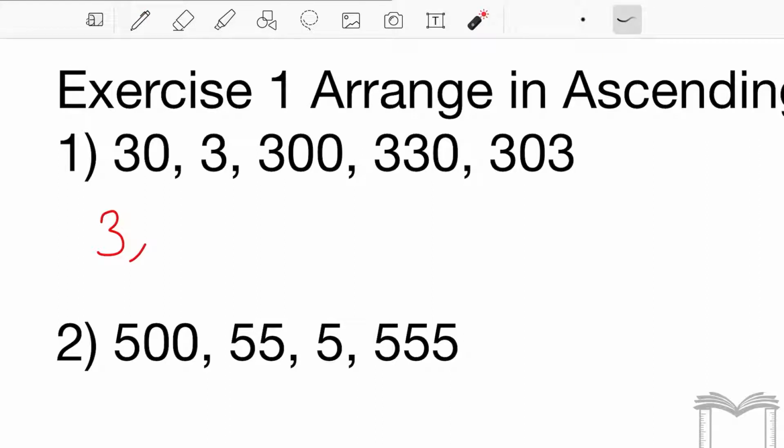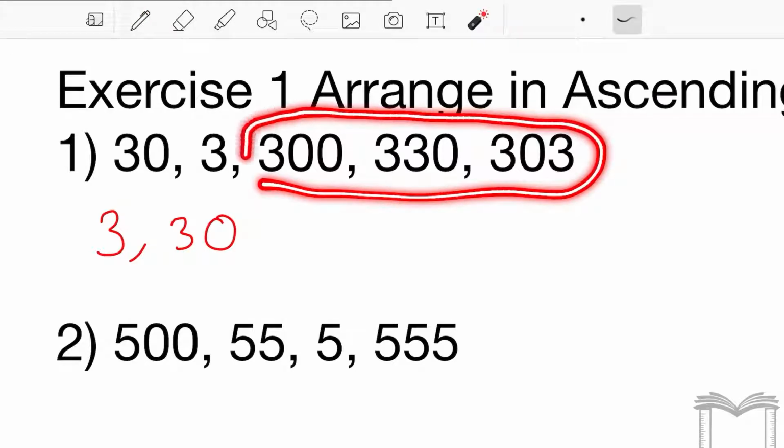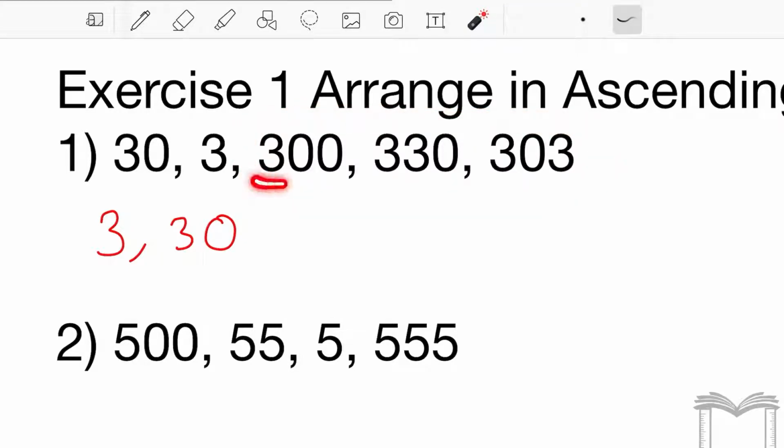Then we have 1/10 number. So that will be the second largest number. Then we have 3 numbers in the hundreds. So the 300 is the smallest, followed by 303 and then 330.